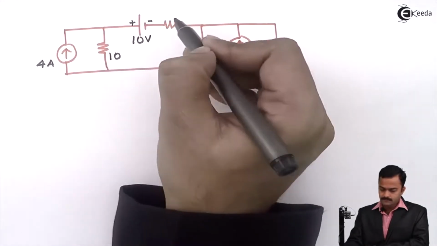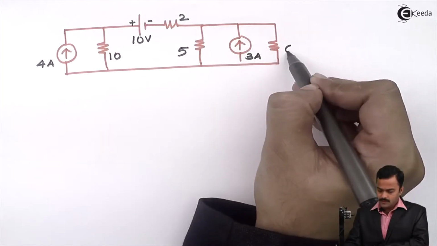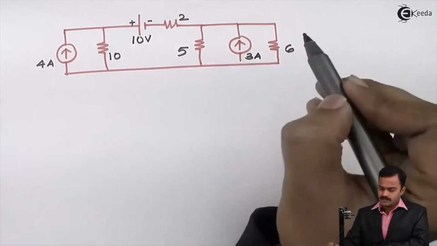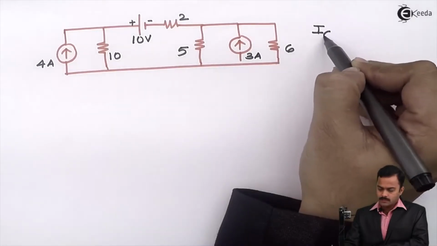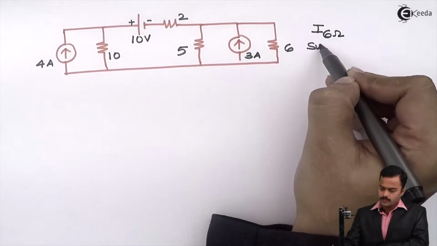Resistances are 10, 2, 5, and this is a 6 ohm resistance. The objective is to get the current flowing through the 6 ohm resistance using the superposition theorem.